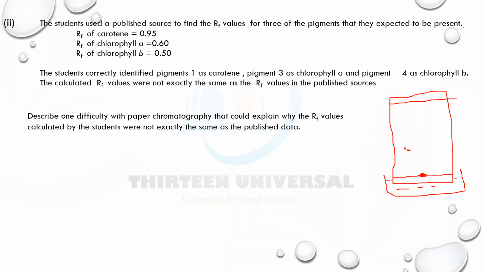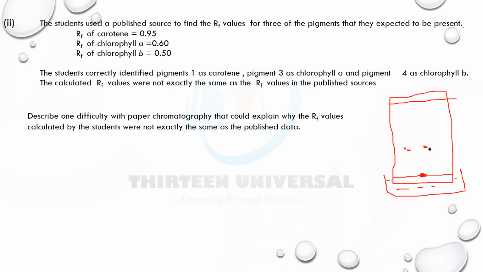So they spread out, and that spreading out creates error and confusion. So you see them overlapping. This is another pigment here. This pigment overlaps with that pigment. See, this pigment overlaps with this pigment.